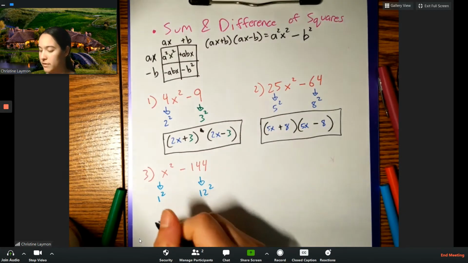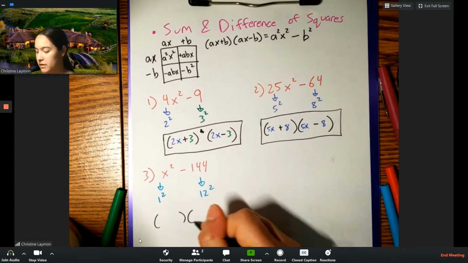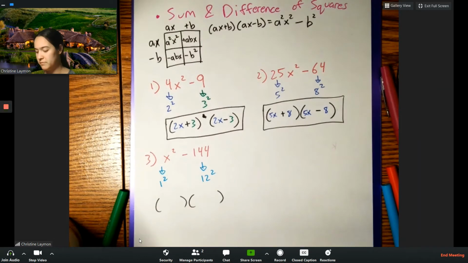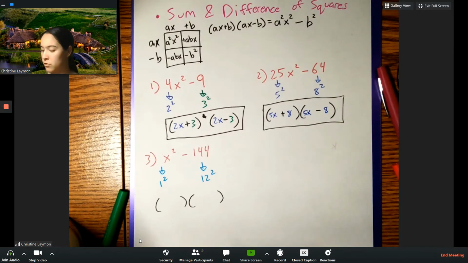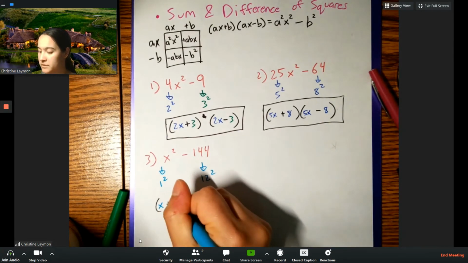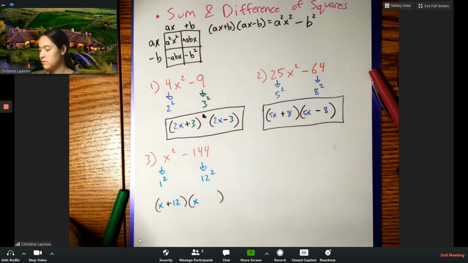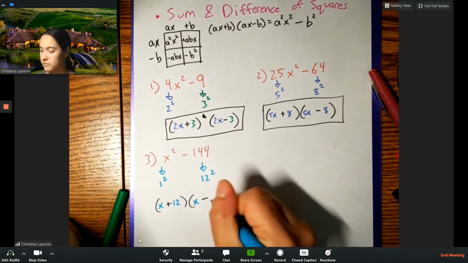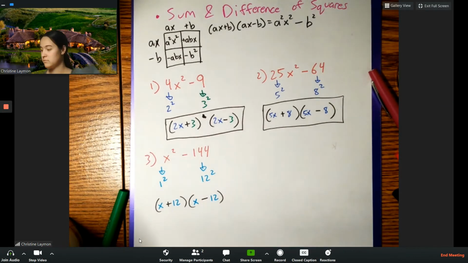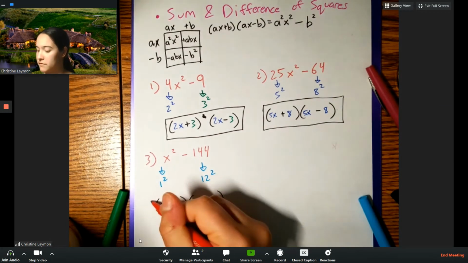So go ahead and put them into our pattern. Parenthesis times parenthesis. We're going to have x plus 12, x minus 12. So x plus 12, x minus 12. And that's your sum and difference of squares.